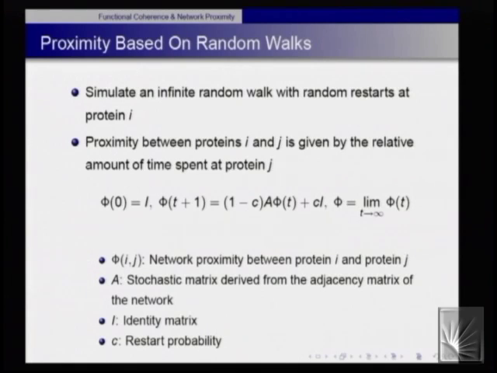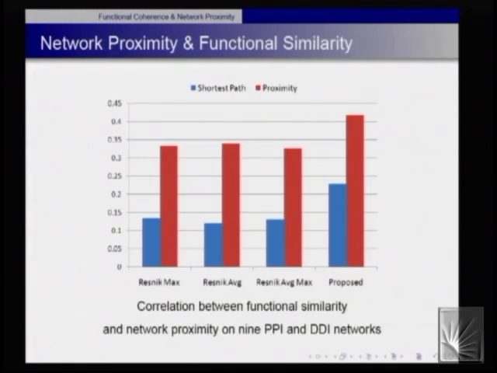So now based on this, we computed a measure of proximity, and we compared the correlations between network proximity and functional similarity on a large collection of protein-protein interaction and domain-domain interaction networks. So what you see is the aggregate values.